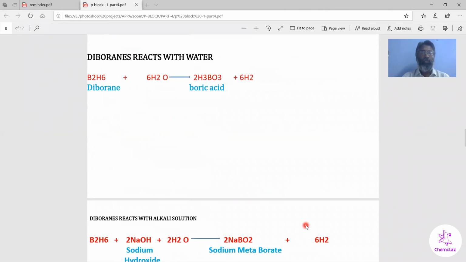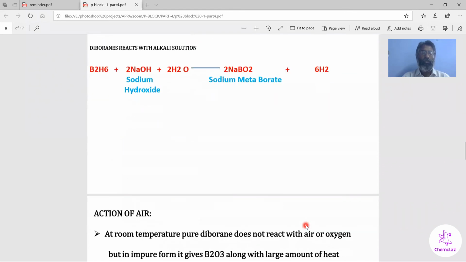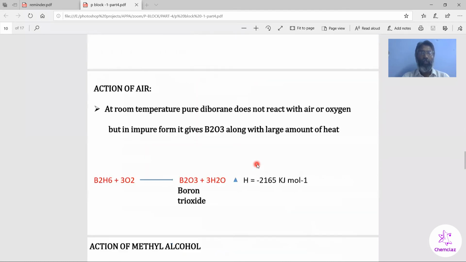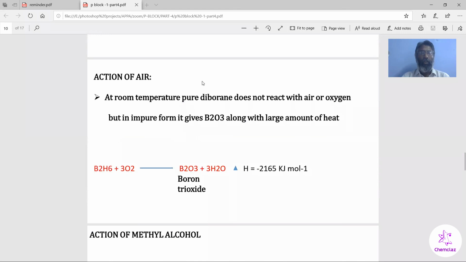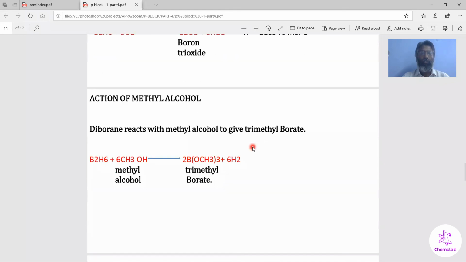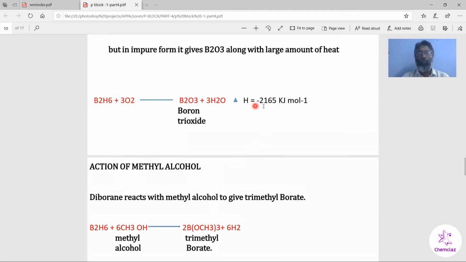This one is action of water. This one is action of alkali solution. This one is action of air, that is the combustion reaction. That's why it is used as fuel, with the release of an enormous amount of heat energy.